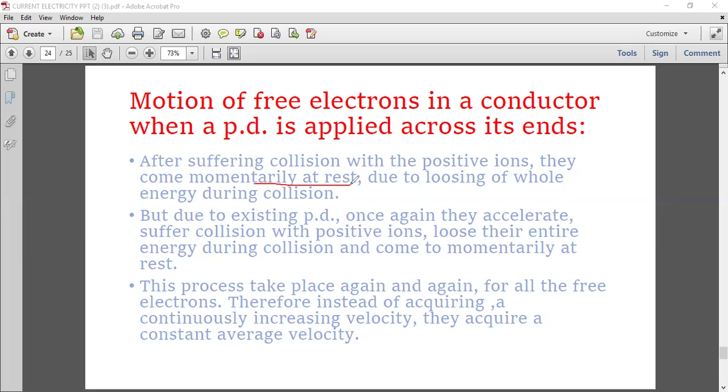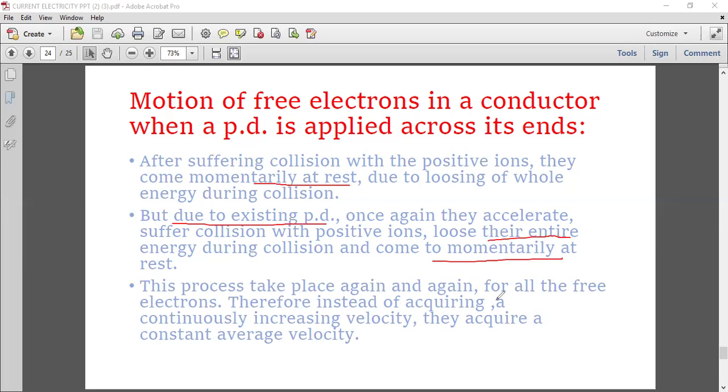मतलब केवल एक क्षण भर के लिए रेस्ट में आ जाएगी due to losing of full energy. But due to the existing potential difference, once again they will accelerate, suffer collision with the positive ions, lose their entire energy and come momentarily to rest.